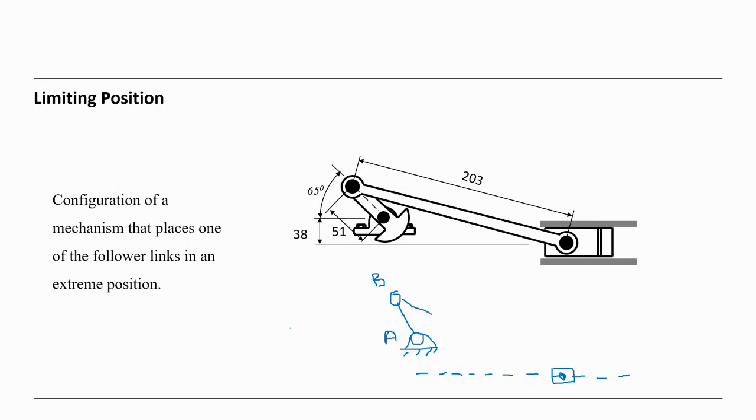So this is our coupler. Okay, so we were talking about the limiting position. This is the offset here.